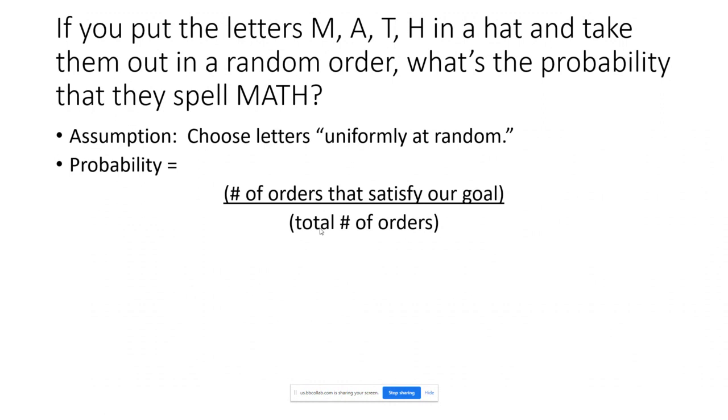Well, if we're choosing letters uniformly at random, we're equally likely to pull out any of the letters that's in the hat. Then all of the possible orders of letters are equally likely. So M-A-T-H is just as likely as H-T-A-M.